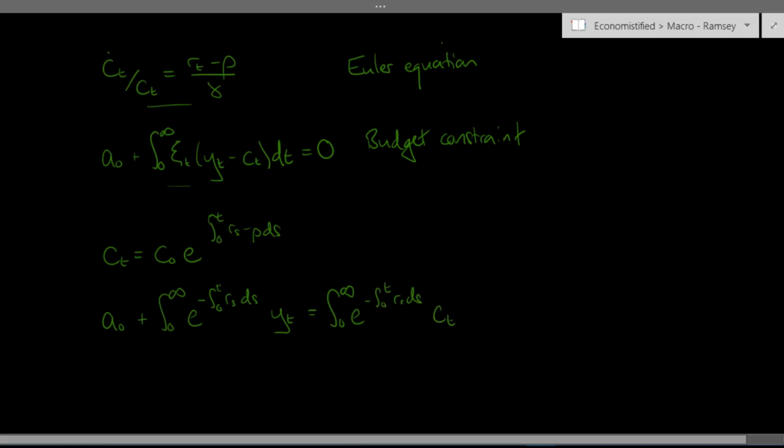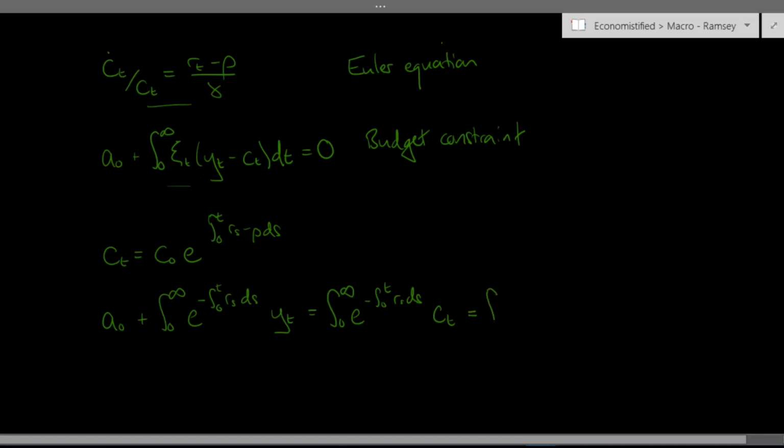So you can probably see why I've taken the logarithmic utility case, because now when we plug in C_t in here, the term involving the integral of r is just going to disappear. It's going to cancel. You can do this with non-logarithmic utility as well. You just get a slightly more complicated expression. But let's plug in C_t now.